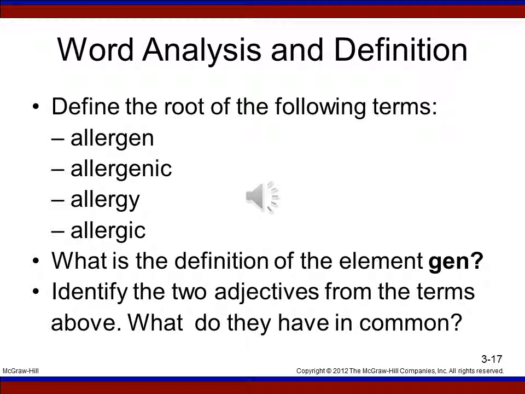How are you able to tell an adjective? Those two suffixes that end with IC mean pertaining to, and an adjective describes a noun. So IC means pertaining to an allergy, or pertaining to something that causes an allergy, meaning allergenic.